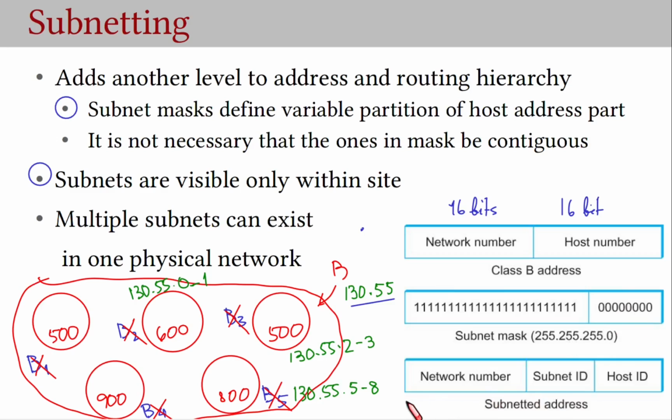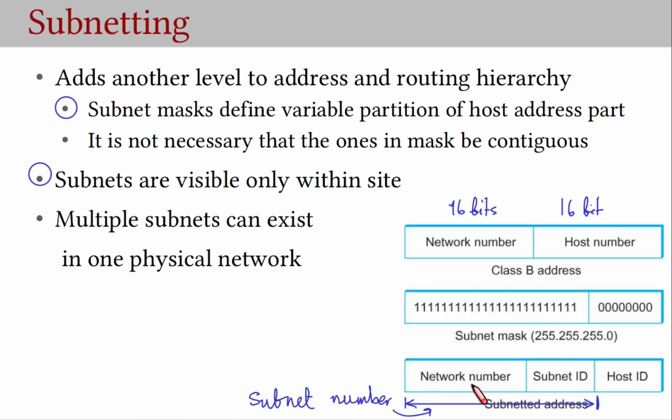And this combined network number and subnet ID, this part of the address, is called subnet number. And the combination of subnet mask and subnet number allows us to reuse the same network number across different physical networks.